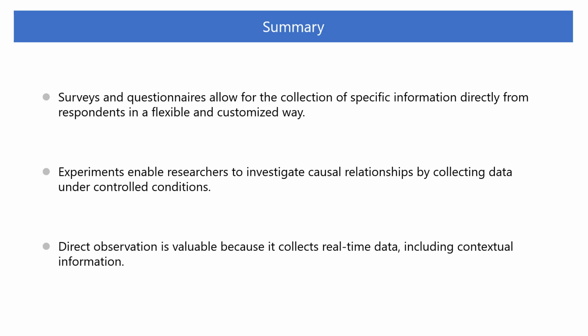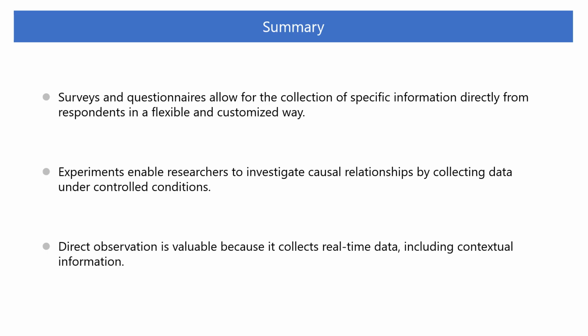This section describes surveys and questionnaires, experiments, and direct observation as the popular methods for primary data collection. Surveys and questionnaires allow for the collection of specific information directly from respondents in a flexible and customized way.